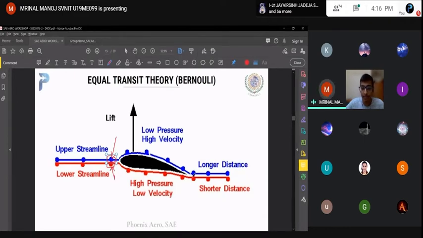So what Bernoulli thought was right up to the fact that there is low pressure on top and high pressure below. But he wanted to kick it up a notch. He wanted to calculate the exact amount of low pressure and high pressure, so that he could multiply it with the area of the wing and find the entire lift force. Now that's where he went wrong.